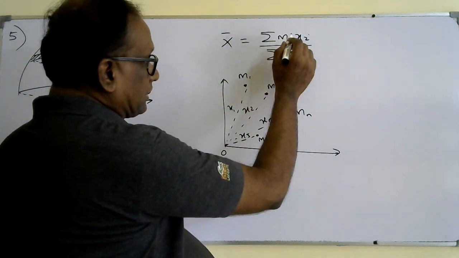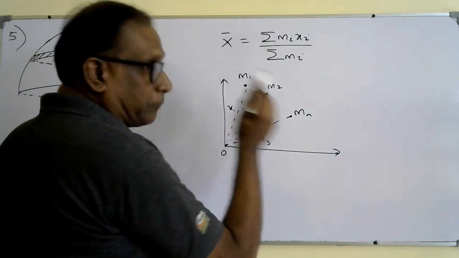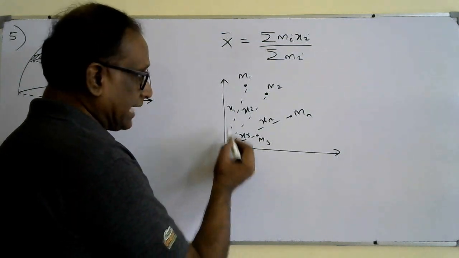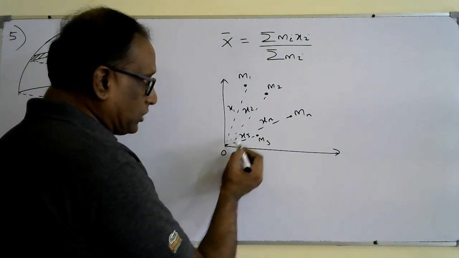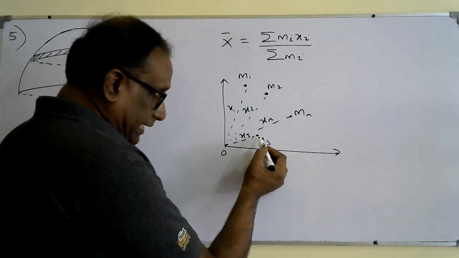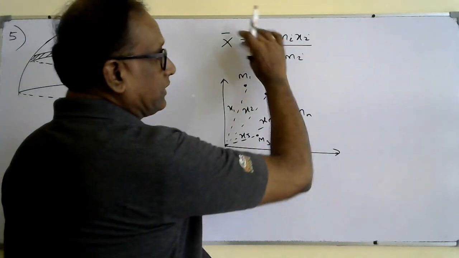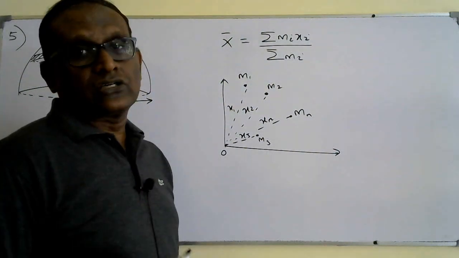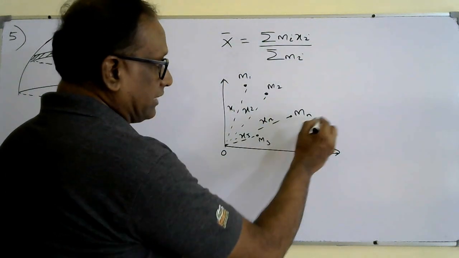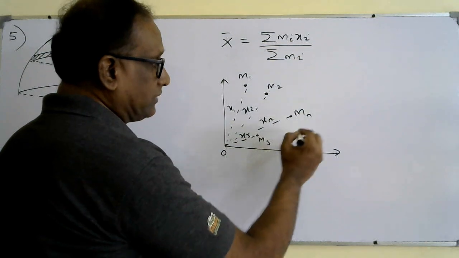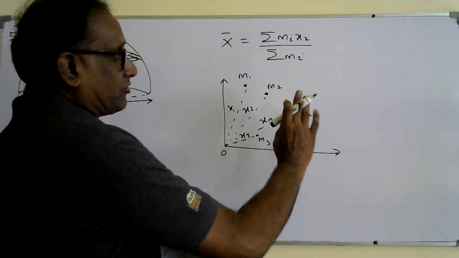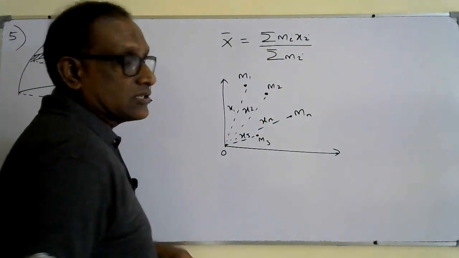That means, one by one, we find mass m1 into its distance x1, then mass m2 into its distance from the point O. Like that, we add all the masses into their distances, then divide by the total mass of these objects or particles. Then we solve it and we get the final center of mass of the system.